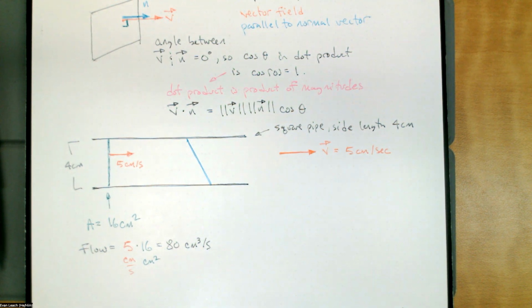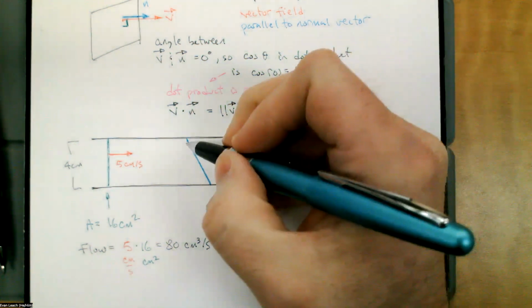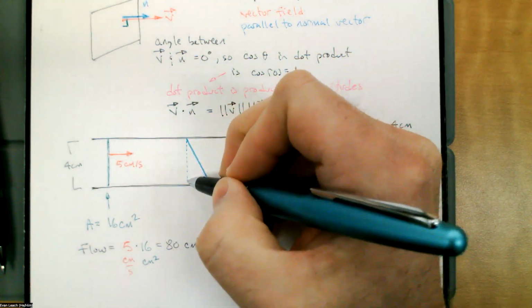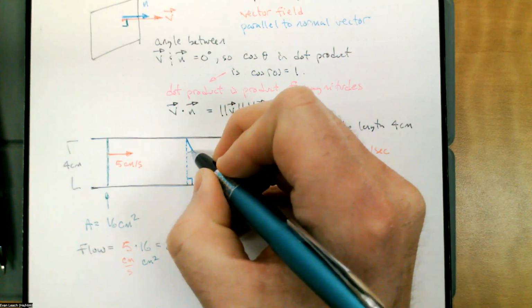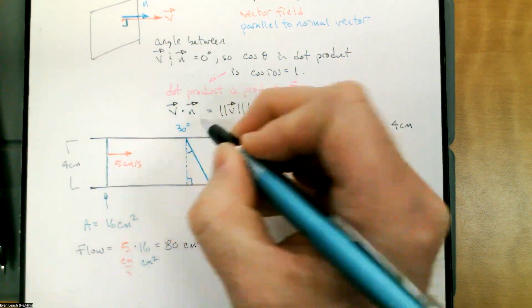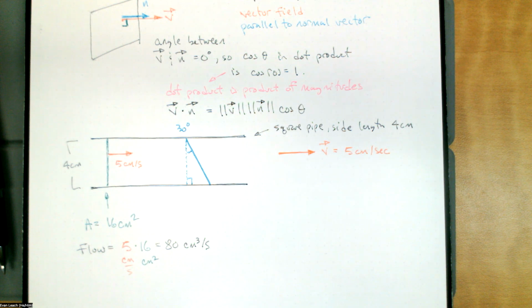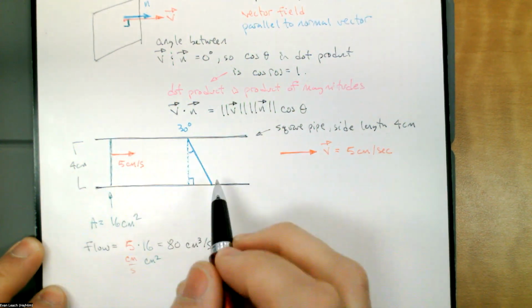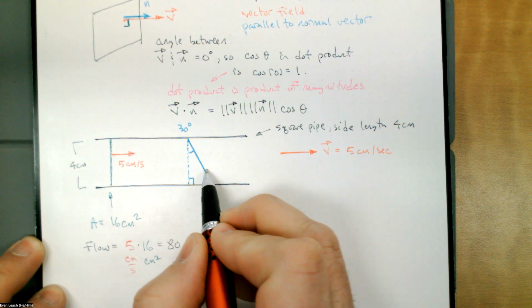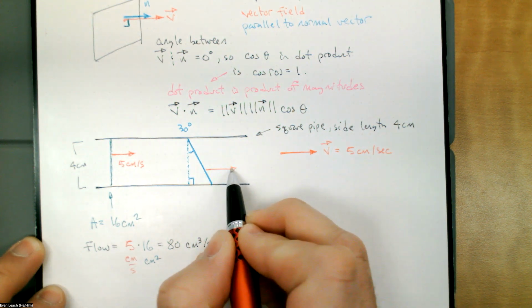So I'm going to put a surface in this pipe at an angle, and the angle is going to be 30 degrees with the vertical. So the water is flowing through at 5 centimeters per second, but it's not flowing perpendicular to this flat surface. It's still a flat surface, but the flow is not perpendicular.